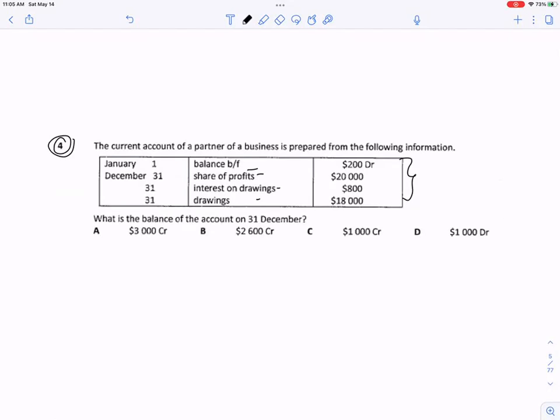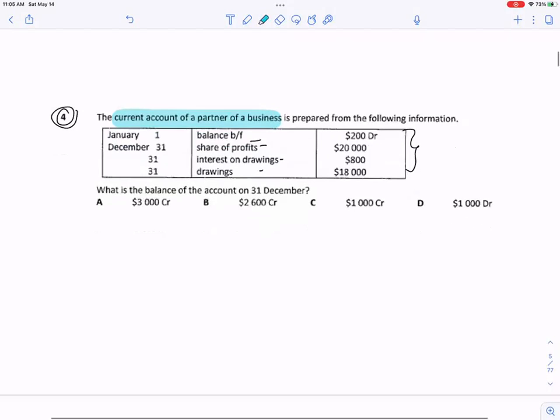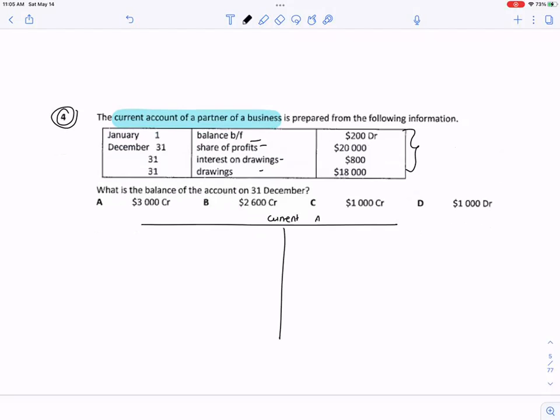Drawings, interest on drawings, share of profit. Which account format is this? Partner's current account format. Come on, make the partner's current account format. This is one partner's current account format. Tell me where will what items go?